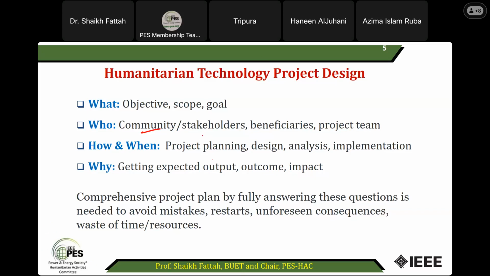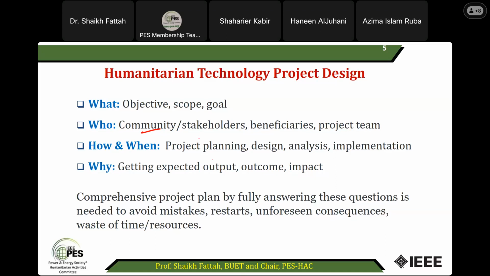Sometimes when you are doing a project, be careful. Some people will be benefited, but at the same time, sometimes that comes at the expense of losing others' benefit. So you have to be very careful. You cannot sacrifice other people's benefit just to gain your own. So we are coming to that point.